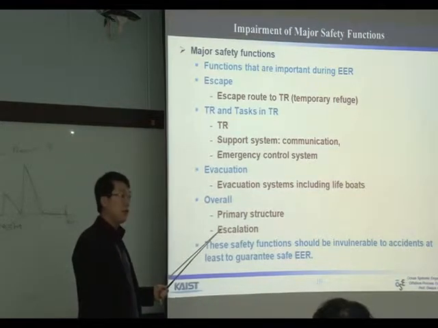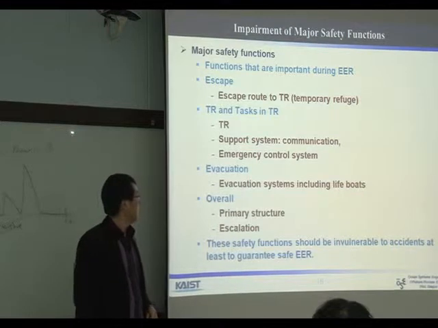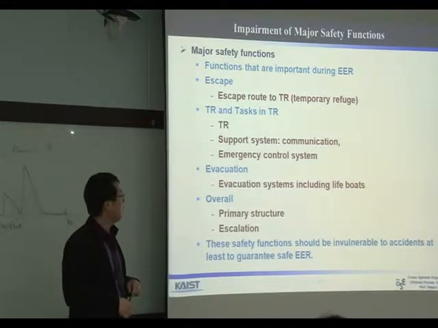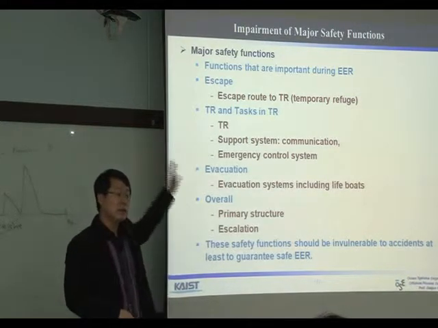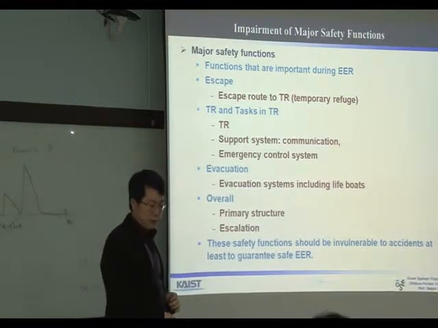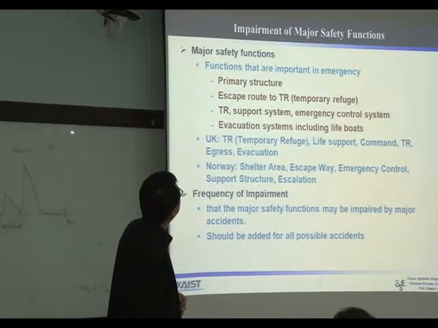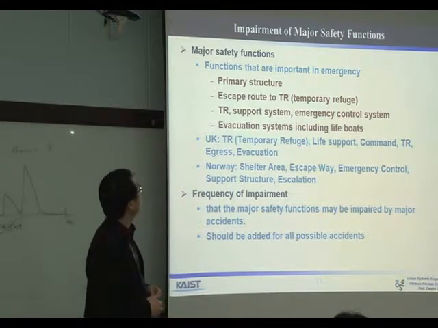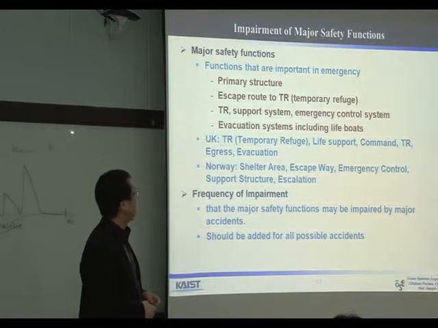And for escalation, there should be fire and explosion walls. These safety functions should be invulnerable to accident and need to guarantee safe EER. So primary structures, escape route, TR support system, emergency control system, evacuation system, and so on.